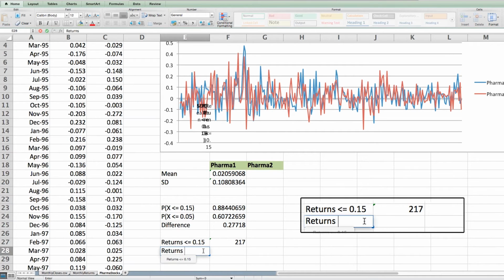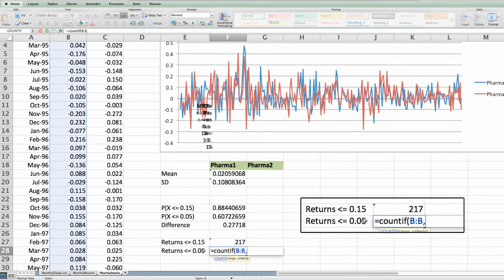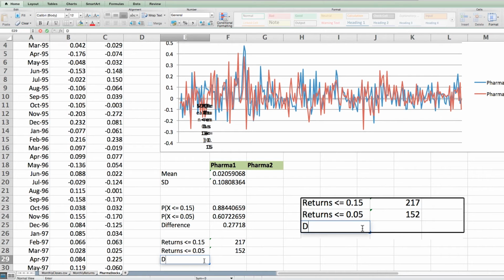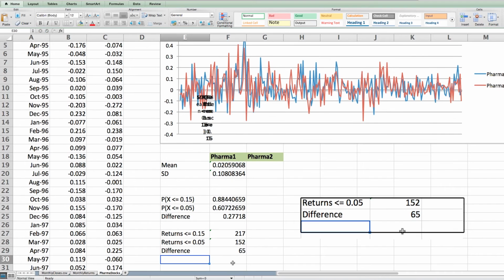So returns less than or equal to 0.05, I will do the same thing, COUNTIF everything in the B column less than or equal to 0.05, and that is 152. The difference in the counts gives me 217 minus 152, and that is 65 months where the monthly returns for Pharma 1 stock lay between 5% and 15%.